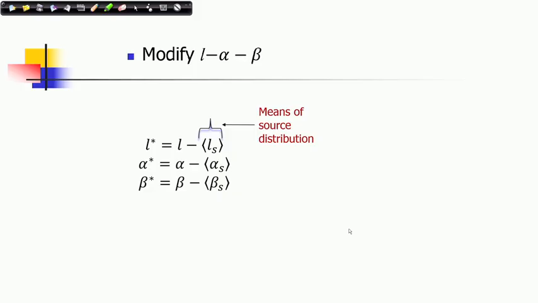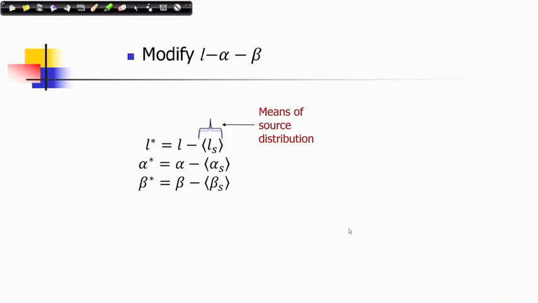This is just a symbol. So, you are subtracting those means, and then the subtracted values are scaled up so that the standard deviation of the target distribution can be transferred.